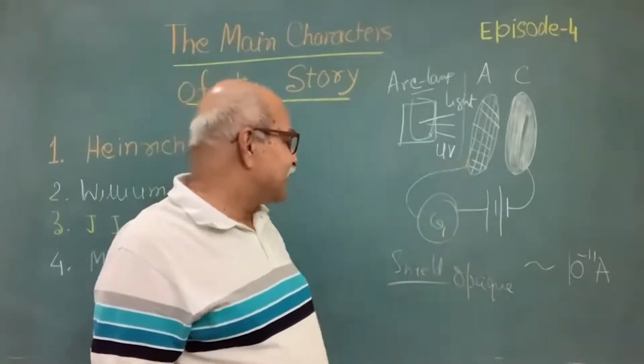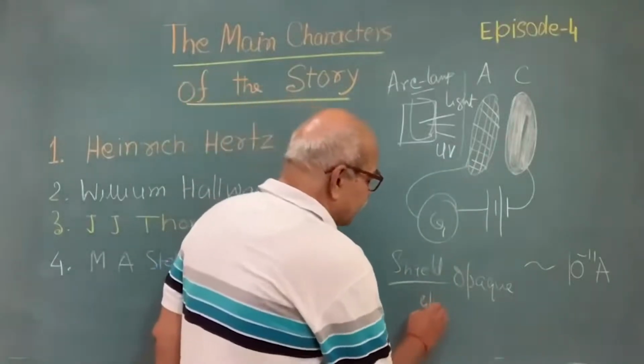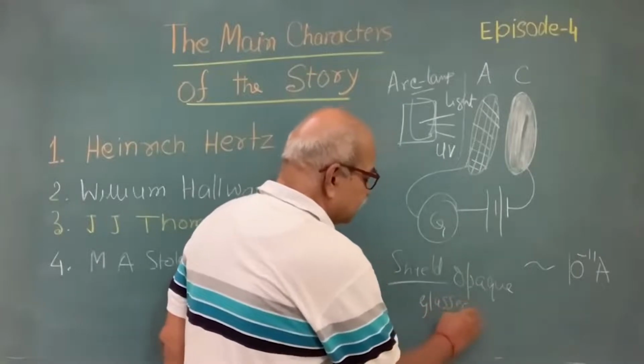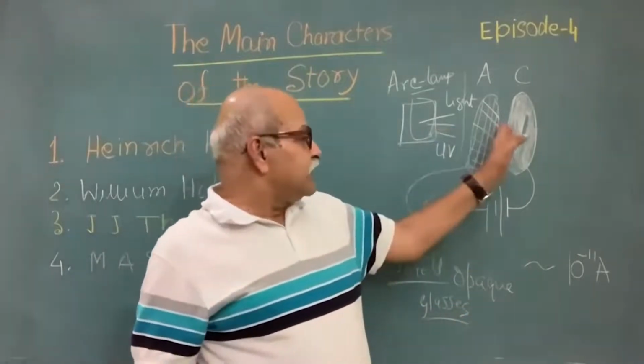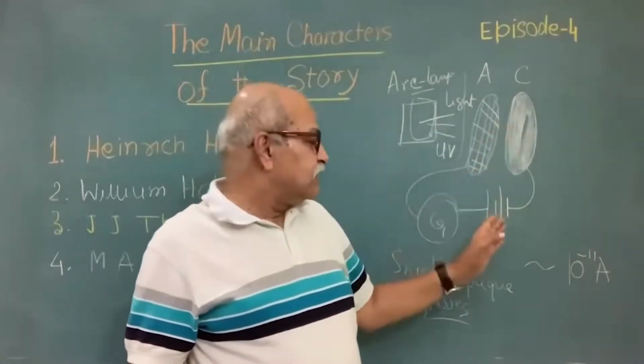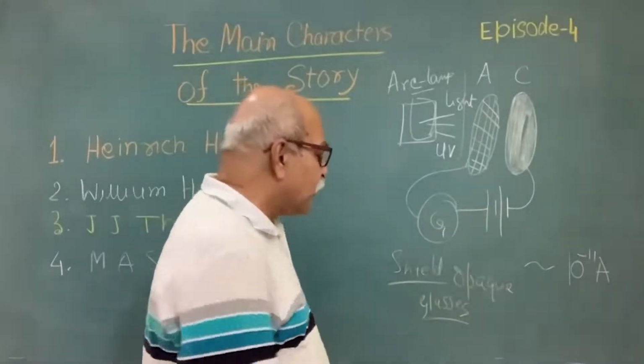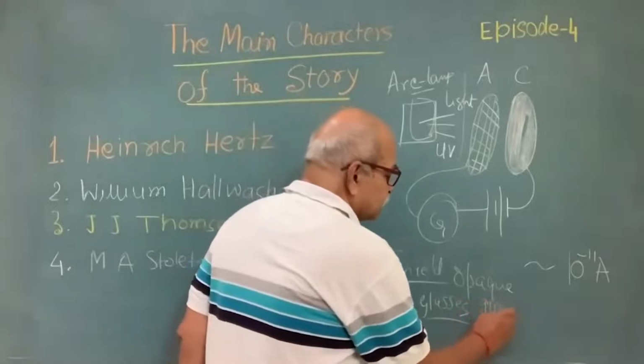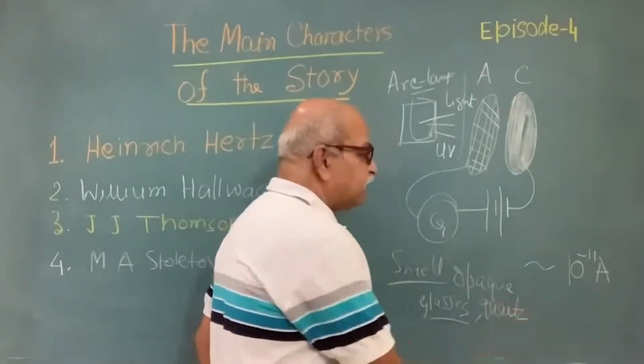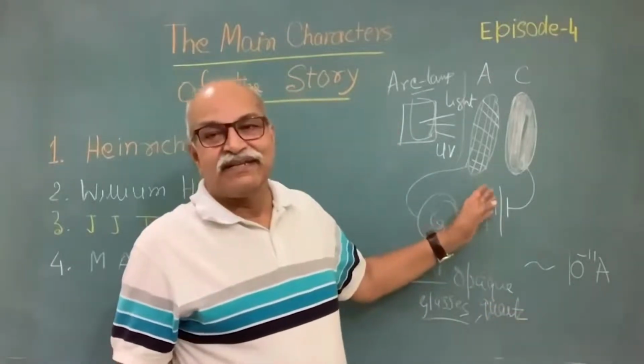But then he puts varieties of glasses. So the light is going, but even then the current is very, very minimal. And then when he puts quartz, then he finds a very significant current.